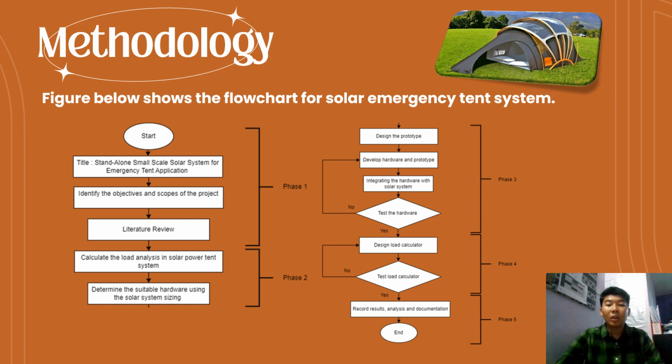For the third phase, we design the prototype and develop the hardware, also integrating the hardware with the solar system and testing the hardware. For the fourth phase, we design the load calculator and test the load calculator. And for the last phase, we record the result analysis and do the documentation.